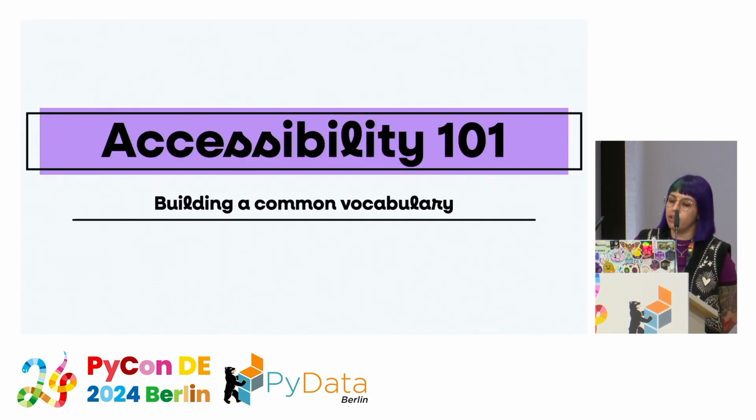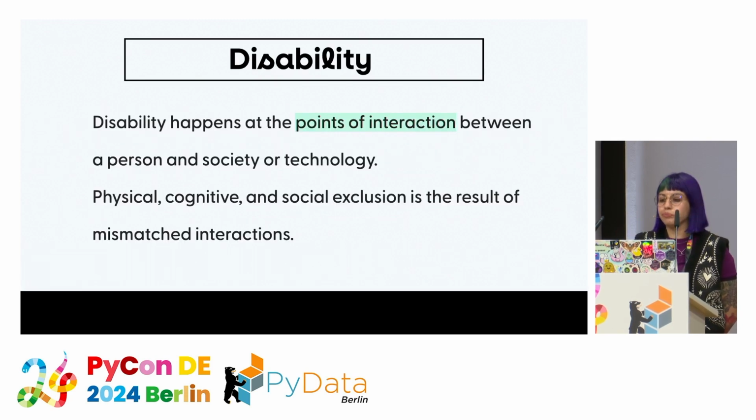Okay, so let's start with some definitions so that we all know, like I said, what I'm going to be talking about. Disability is really an evolving concept, and there are different variants, as you can see, like the health model or the social model. But really, disability, the act of someone not being able to participate or being actively excluded from a space or an environment, happens at the point of interaction between a person and society or technology.